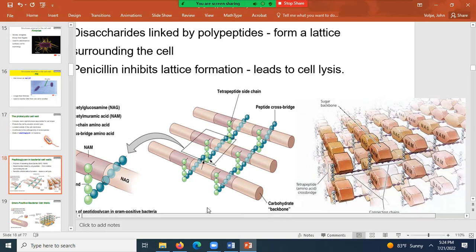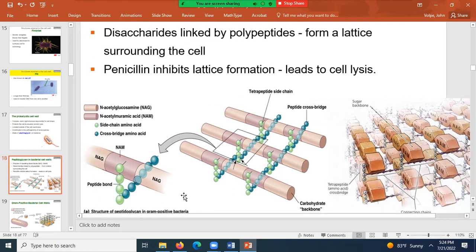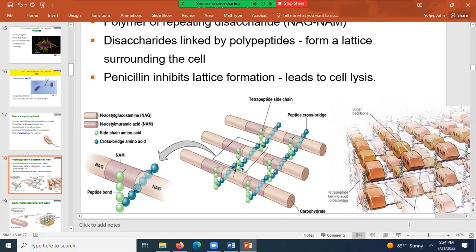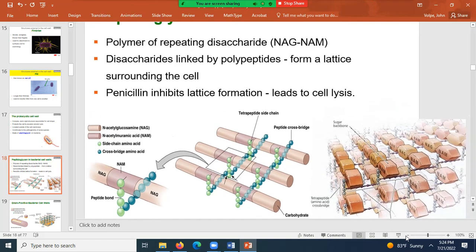Peptidoglycan, besides having the NAG and NAM repeating disaccharide, has short peptide links connecting the chains of NAG and NAM. Here you can see a short peptide linking this NAG and NAM chain with that chain, although not directly.